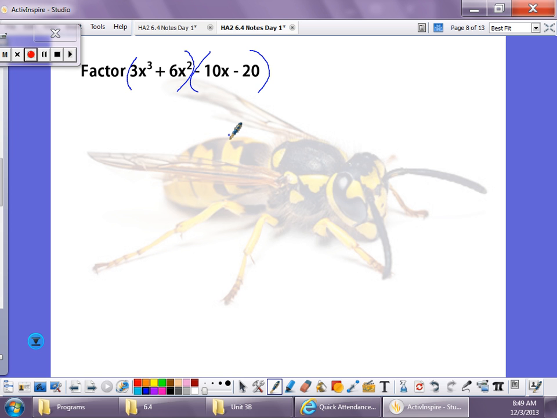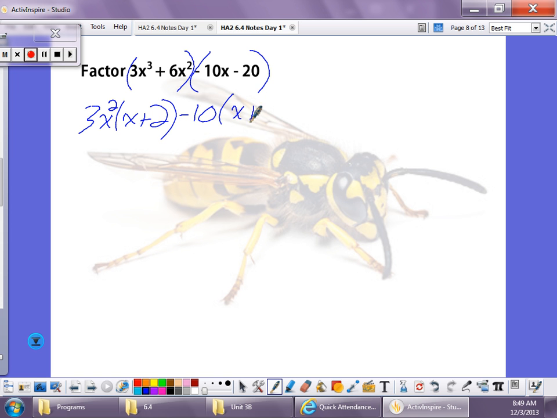So we want to see, okay, what's the greatest common factor of the first part? Right, 3x squared. And you get x plus 2. Okay, now remember, we want to factor out something from this second part that's going to give me the same factor as here. So what can I factor out of the second part? Negative 10, good.